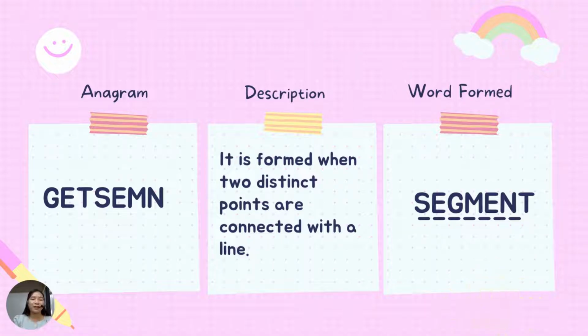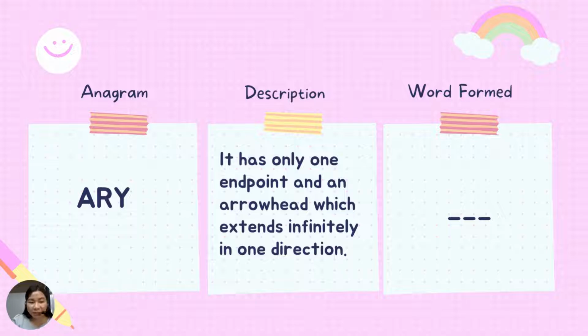Very good. Last but not the least, we have R, A, Y. It has only one endpoint and an arrowhead which extends infinitely in one direction. What word can be formed with the letters R, A, Y? Correct. It is a ray.